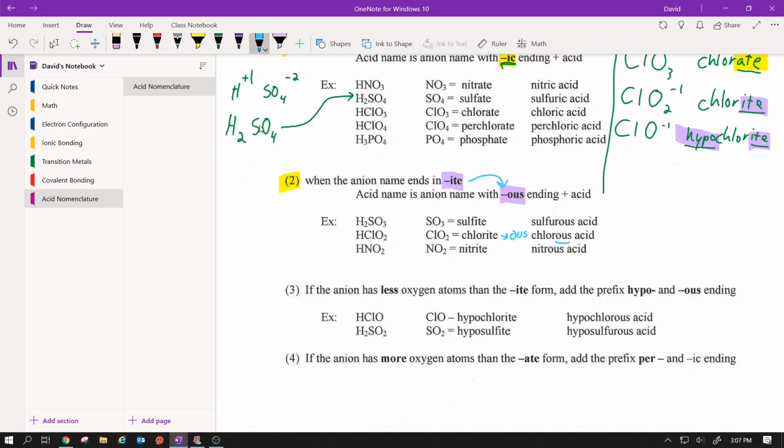All right, and then what we said earlier, if it has fewer oxygen atoms than ite, then you prefix it with hypo and you still get your ous ending. Hypochlorous acid, okay, from your hypochlorite.